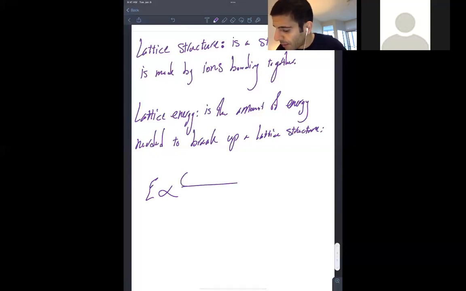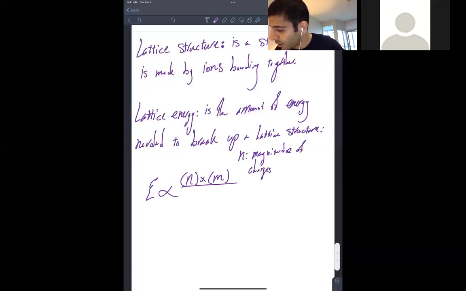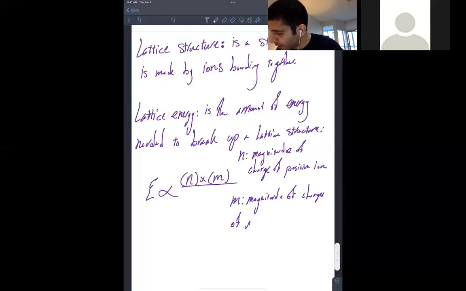It means, for example, N times M, where N is the magnitude of the charge of the positive ion, and M is the magnitude of the charge of the negative ion.